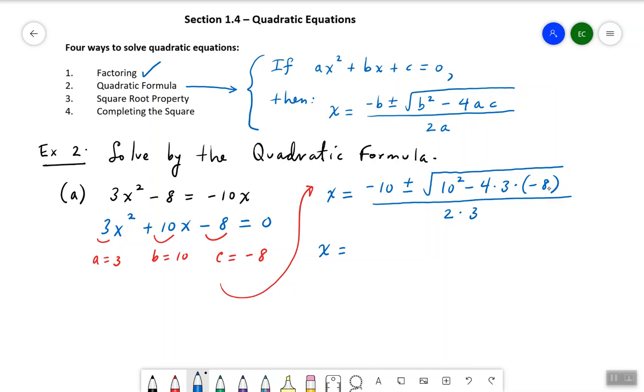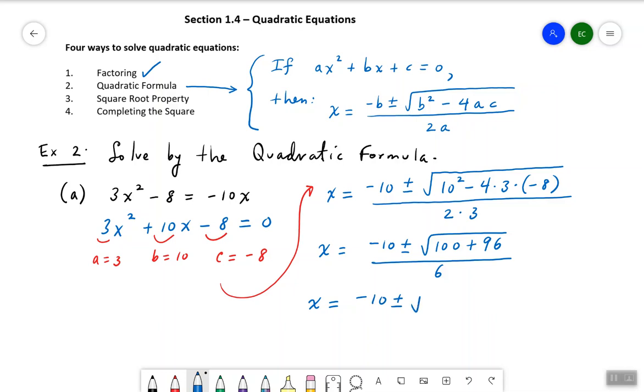So let's go ahead and simplify this expression now. Underneath the radical, you have 10 squared, which is 100. And then you have, let's see, negative 4 times 3 is negative 12. And then that negative 12 times negative 8 is a positive 96. And then in the denominator, you just have 6.